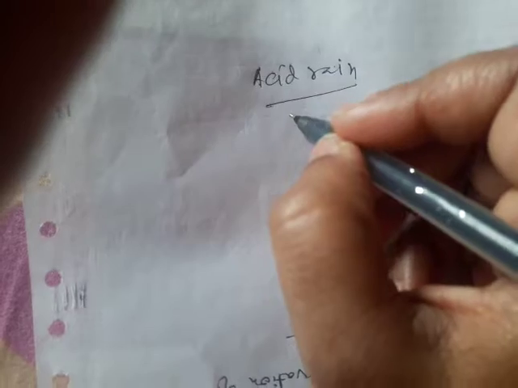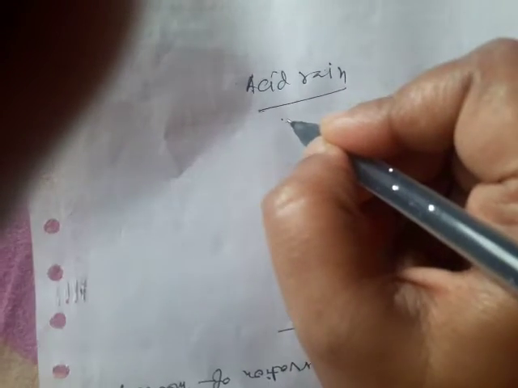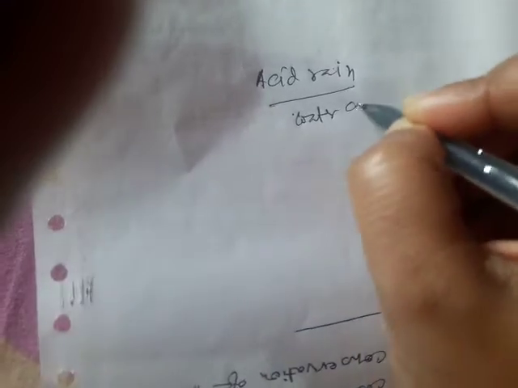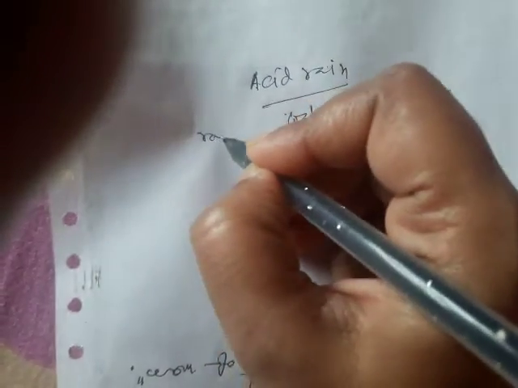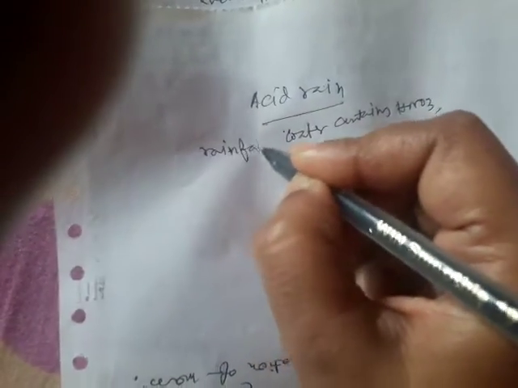Acid rain is when, during rainfall, the water contains nitric acid and sulfuric acid. This type of rain is called acid rain.